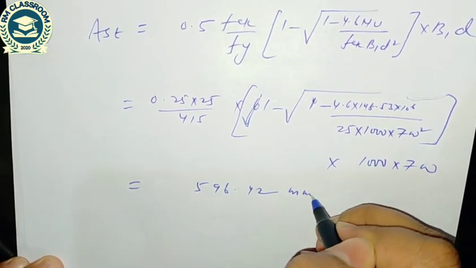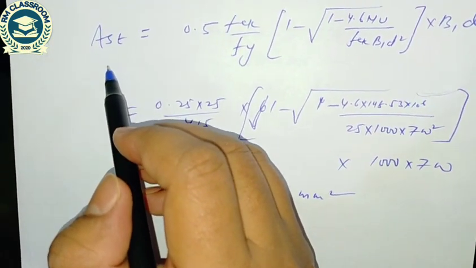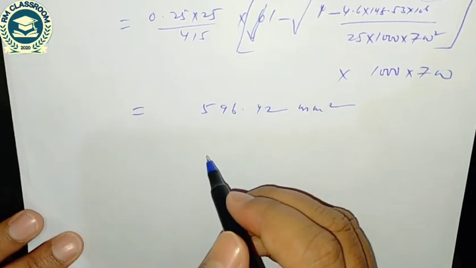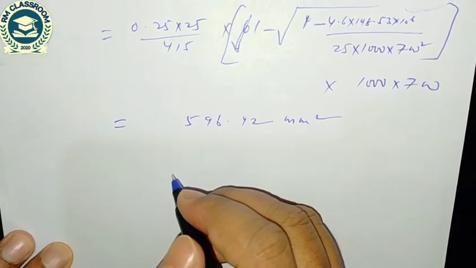So it is coming 596.42 mm square. We can also compute the area of steel as Mu divided by 0.87 Fy, AST into d minus 0.42 x limiting.